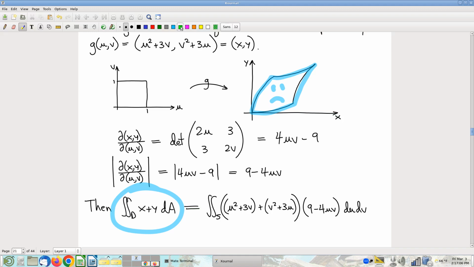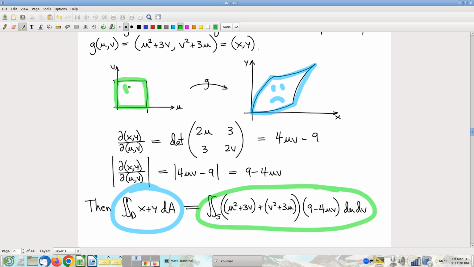Whereas this new integral that I've turned it into, at a glance it looks kind of annoying. It's a great big polynomial, but here's the thing, it's just a polynomial. Polynomials are the easiest functions to anti-differentiate, so the fact that it's a big polynomial is really not that big a deal. The big deal is that its domain is super convenient.